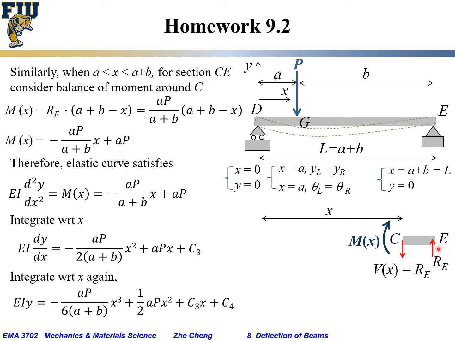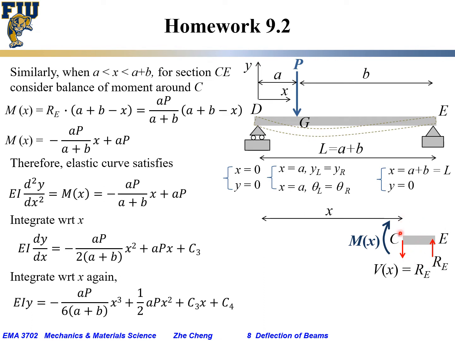We have RE reaction force at E. We have internal shear Vx, and the magnitude would be the same as RE, and RE is going upward, so the Vx on this part has to go downward. And this force pair is trying to rotate the CE section counterclockwise.